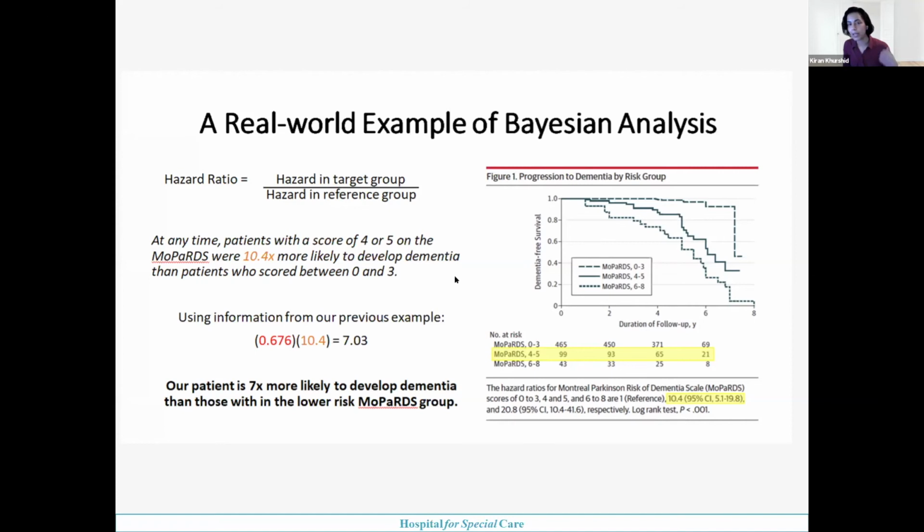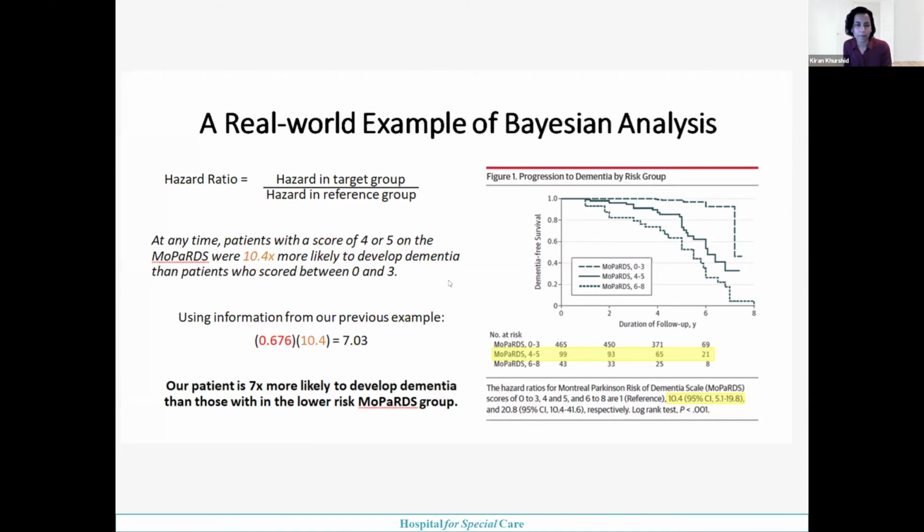So if we pull out that value that we calculated earlier in the talk, and we multiply that by 10, that tells us that this particular patient is 7 times more likely to develop dementia, or to convert from MCI to dementia in a Parkinson's sample.